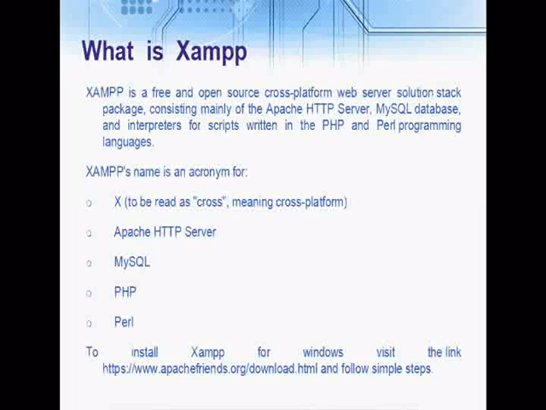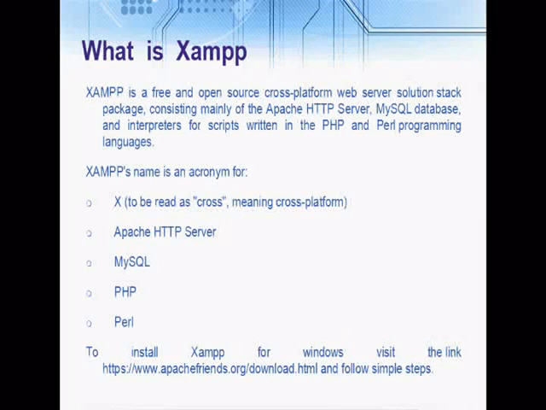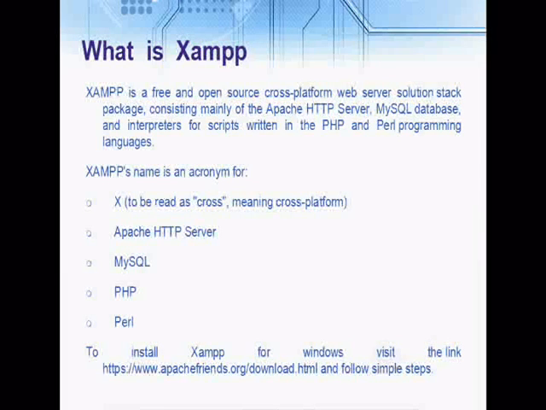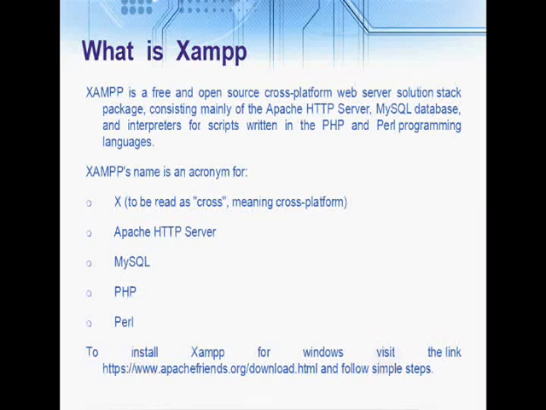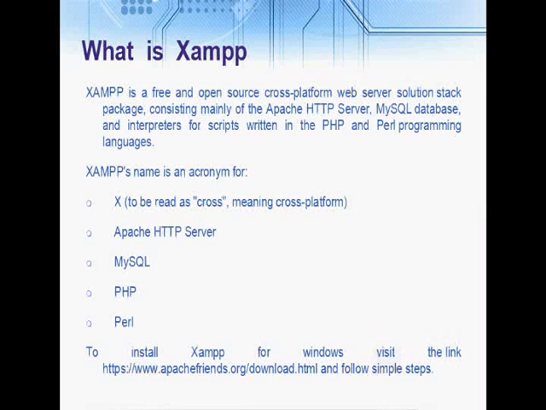The next topic is XAMPP, which is a free, open source, cross-platform web server solution package consisting of the Apache HTTP server, MySQL database and interpreters for scripts written in Perl and PHP programming language. XAMPP is a complete package.